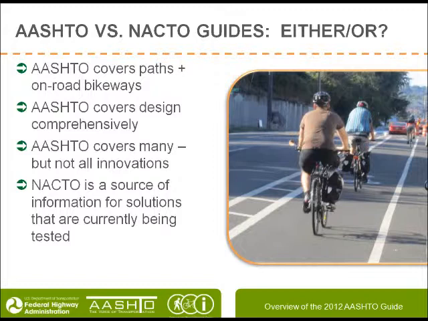Another difference is that rather than covering all types of bikeways, the NACTO guide covers certain types of on-road bike facility designs, specifically bike lanes and several new and innovative types of on-street bikeway design treatments. The NACTO guide does not cover shared use paths or go into a great deal of detail on signal design or many other relevant topics.